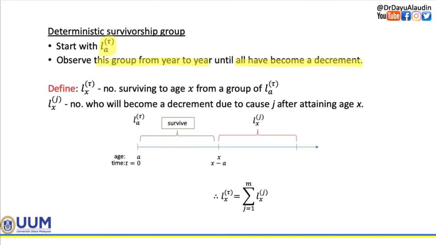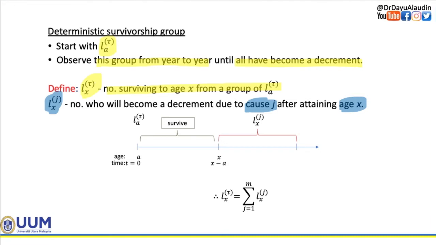As the definition, l_x^τ is the number surviving to each age x from a group of l_a^τ. And l_x^(j), with the cause j, is the number who will become a decrement due to cause j after attaining each age x. So this is how we draw the timeline.